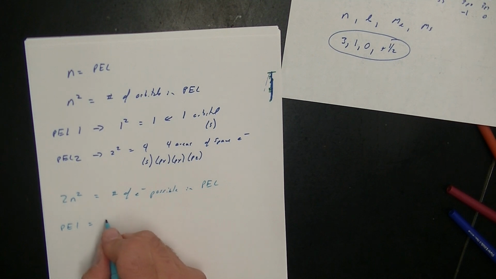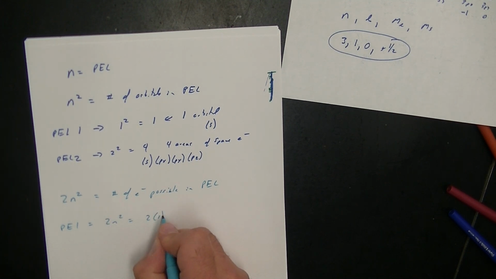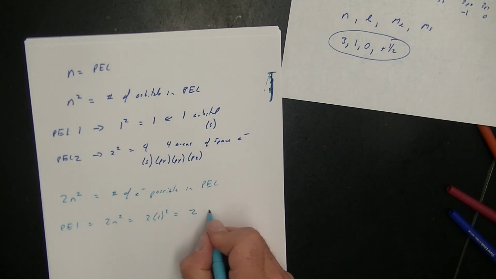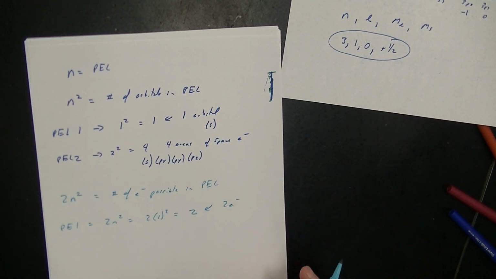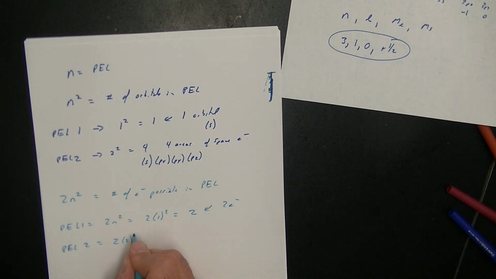Well, if we use 2n squared, 1 squared is 1 times 2 is 2. It will hold 2 electrons. Now, we already know that the first principal energy level holds 2 electrons, so whoop-de-doo. Well, what if we're in PEL number 2? Two squared is 4, times 2 is 8 electrons. The second principal energy level can hold 8.